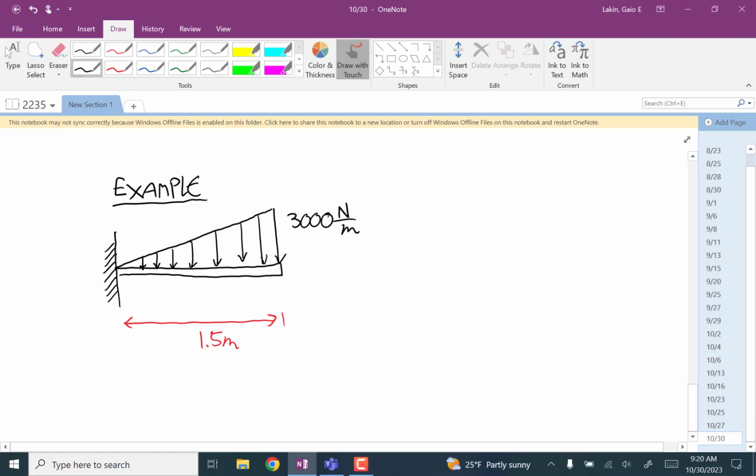First thing we have to do is calculate the external loads. So free body diagram of the whole thing.